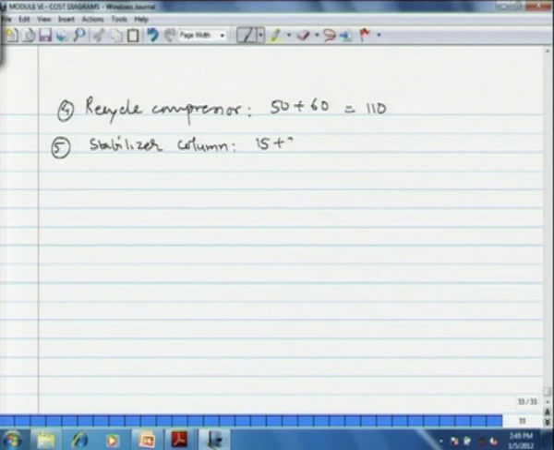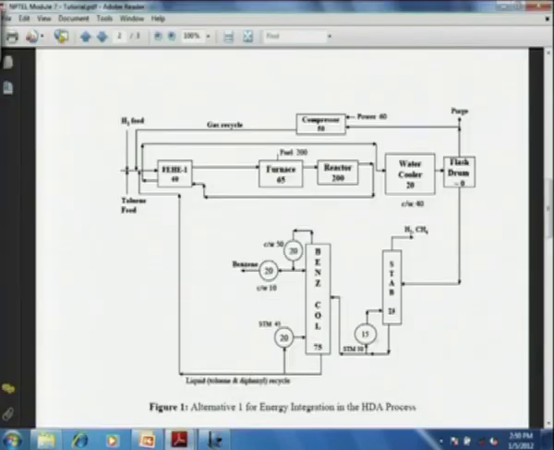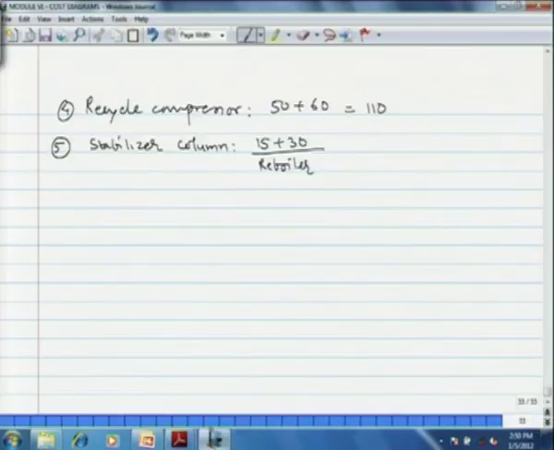For the reboiler, $15,000 is the annualized capital cost of the reboiler and $30,000 for the steam required for it, and then the cost of column itself $25,000. So this together adds up to 70,000.